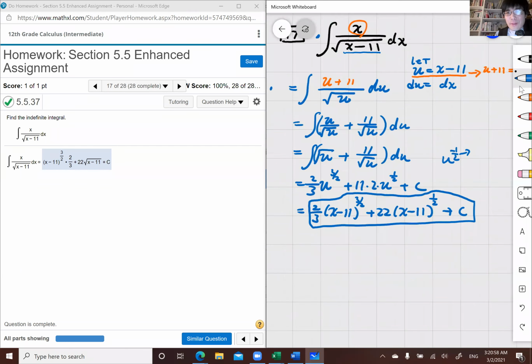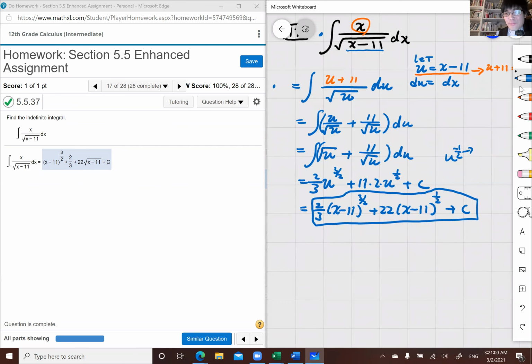Well, let's play with this one a little bit. If you know why we do the substitution, then you probably do not need a substitution. The only reason for substituting is to make it easy to split the fraction into two terms.